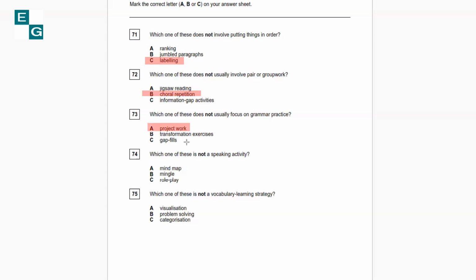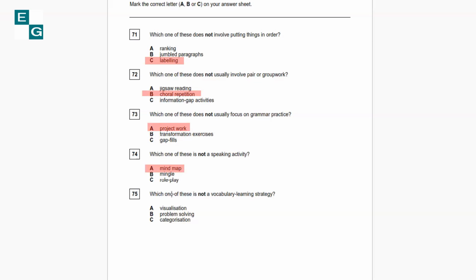Which one of these is not a speaking activity? A mind map is not a speaking activity, because mingling means talking to each other, answering questions, and role plays also involve students speaking to each other.